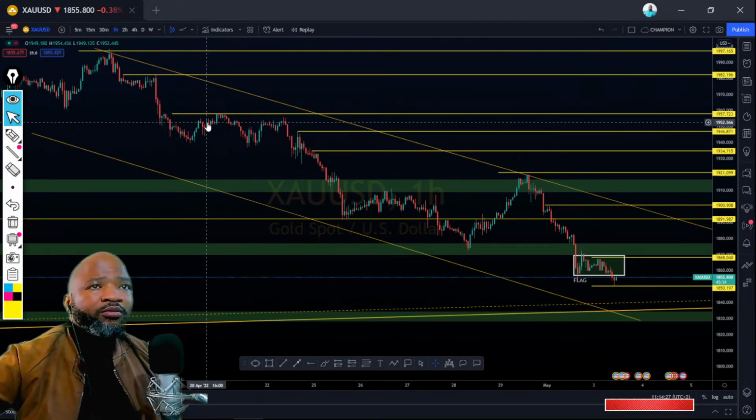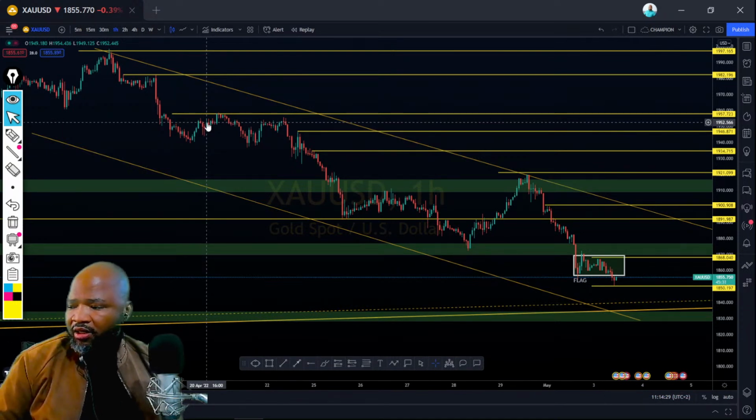On the 1 hour time frame, it seems like most of the lines are placed.